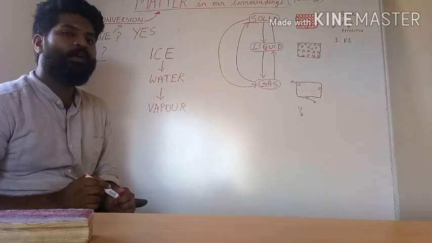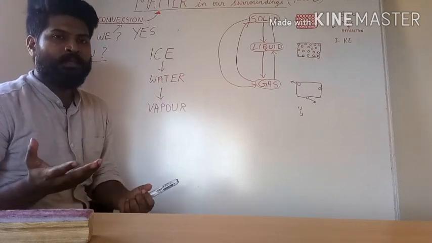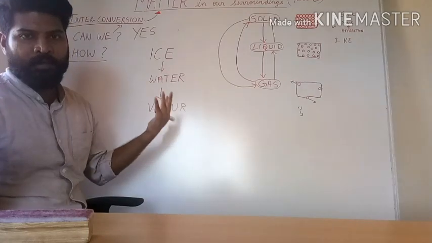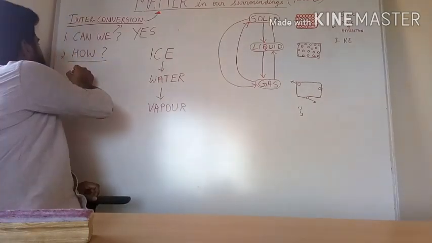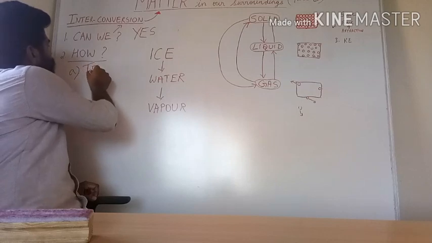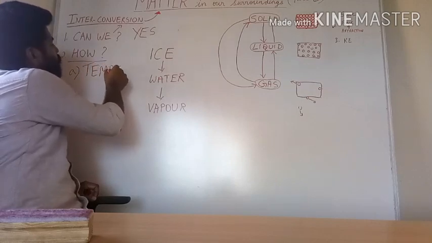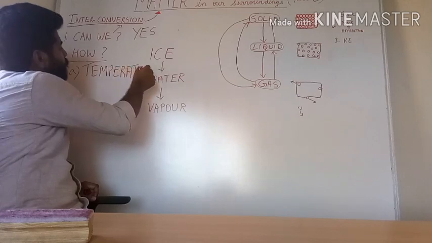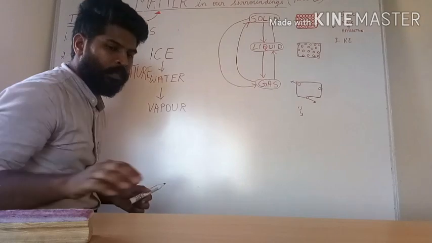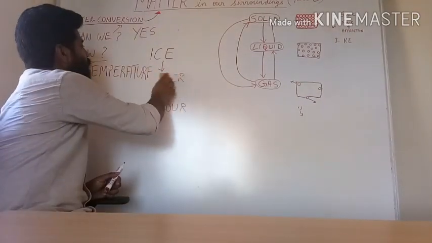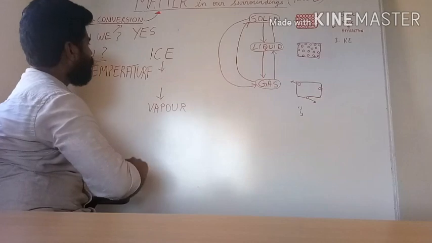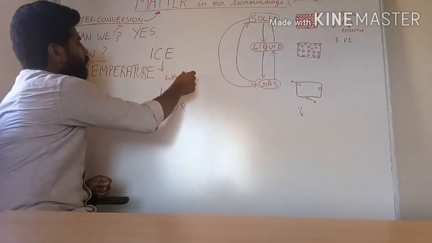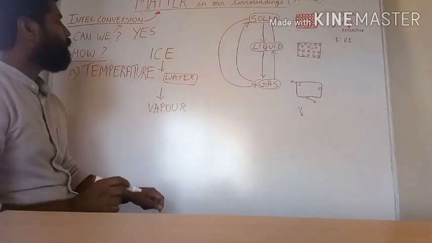Liquid would have converted into ice. And what is the important factor that is changed over here? It is nothing but temperature, right? So if we can change the temperature, we can convert water into ice.